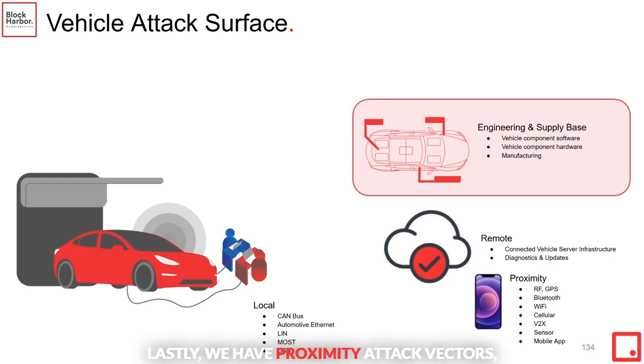Lastly, we have proximity attack vectors, which involve wireless communications and devices that interact with the vehicle. These include radio frequency and GPS. Attackers could spoof GPS signals or interfere with radio communications. Bluetooth and Wi-Fi, often used for infotainment and driver convenience features. These wireless protocols can be entry points if not properly secured.